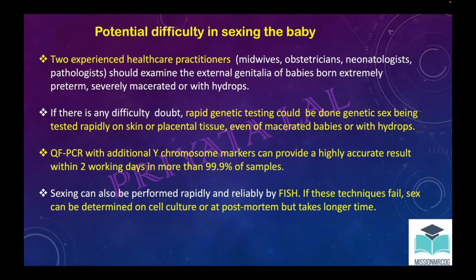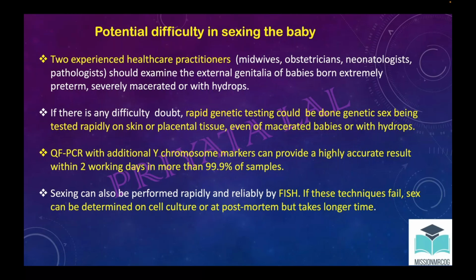If it is not possible by looking at it, then they will consider doing rapid genetic testing. This rapid genetic testing can be done from the skin, placenta, even from the macerated babies or from the hydrops. And what rapid genetic testing do they do? It could be QF-PCR, because with QF-PCR we are able to find out the additional Y chromosome marker, and the result will be available in 2 working days.